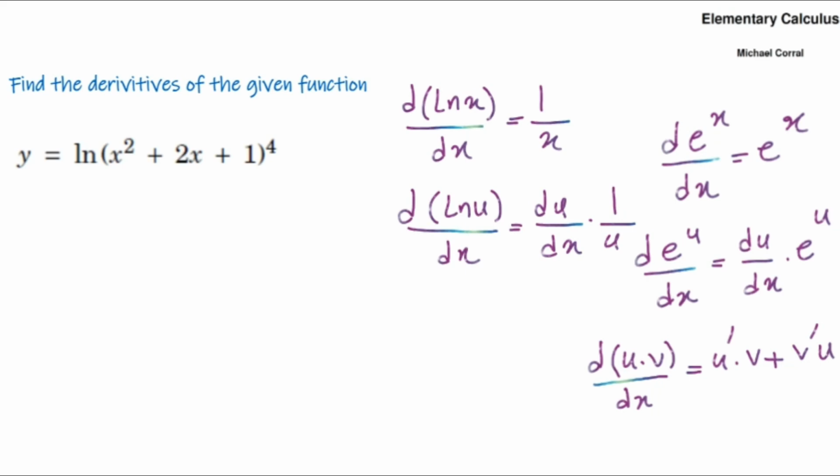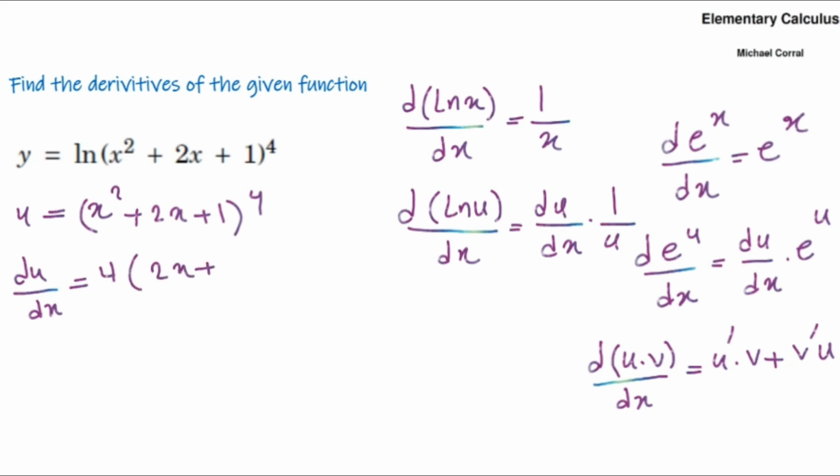For this function we can assume that u equals x squared plus 2x plus 1 to the fourth power, and the derivative of u equals 4 times 2x plus 2 times x squared plus 2x plus 1 cubed.